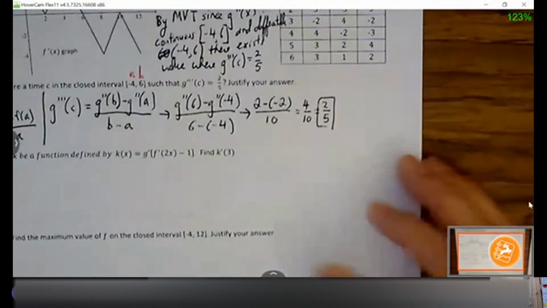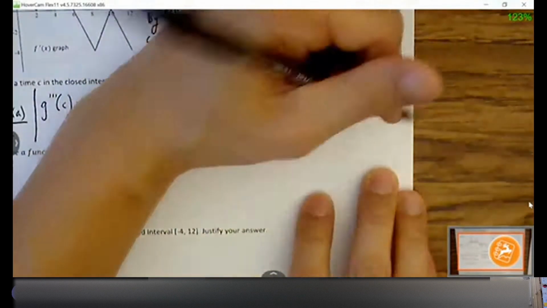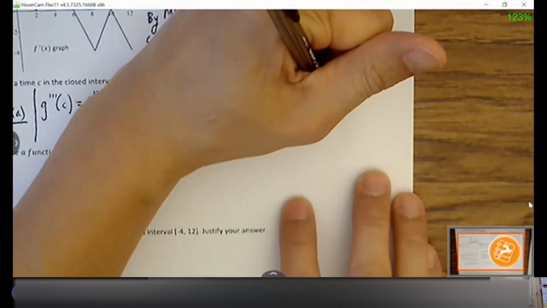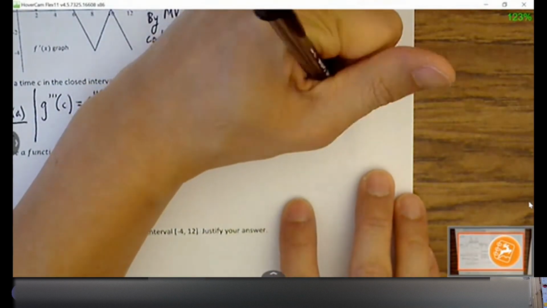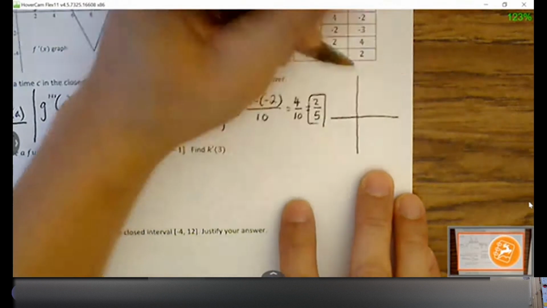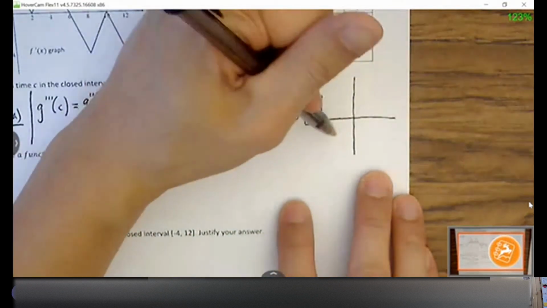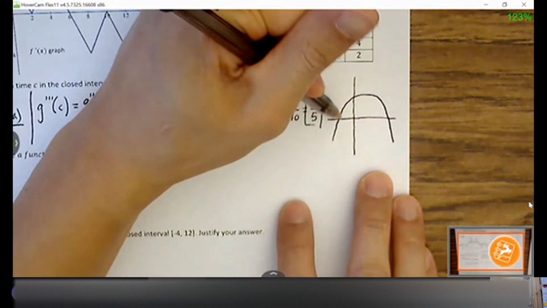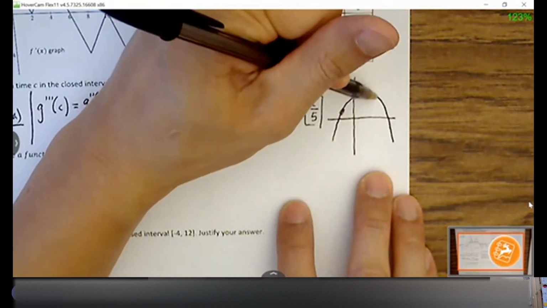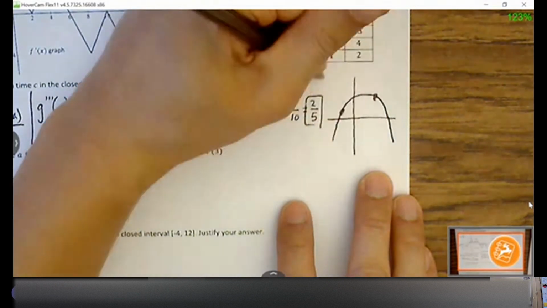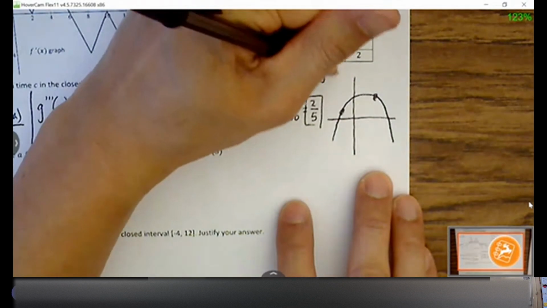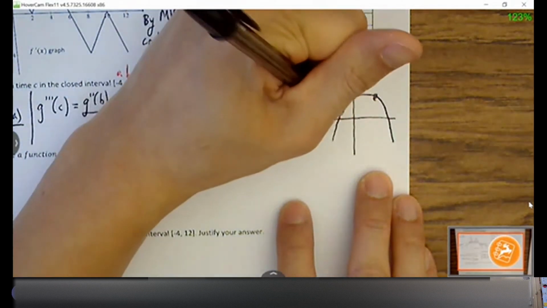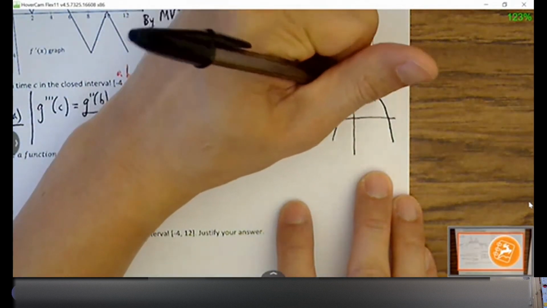So just as a quick visual demonstration here. All right, whatever the second derivative graph looks like, okay, we found that the slope between two points on the G double prime graph is 2/5.